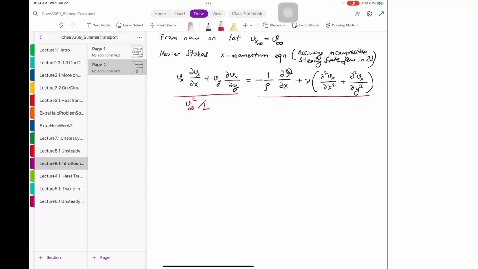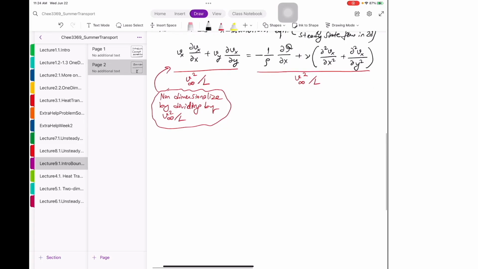As I said, V infinity is Vx infinity, V infinity squared over L. So we basically non-dimensionalize by dividing by V infinity square over L. We get the following.